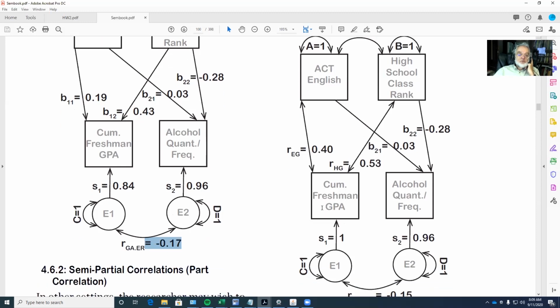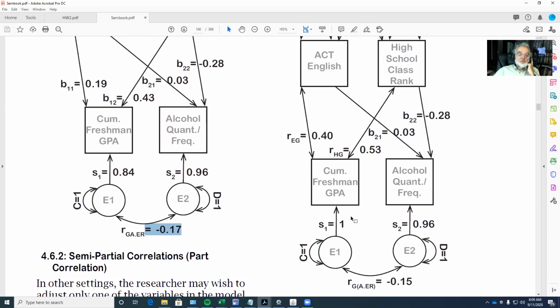So what I'm doing is trying to assess the relationship between freshman GPA and alcohol quantity frequency, but I am adjusting alcohol quantity frequency for ACT English and high school class rank, and I'm not doing any adjustment to cumulative freshman GPA.